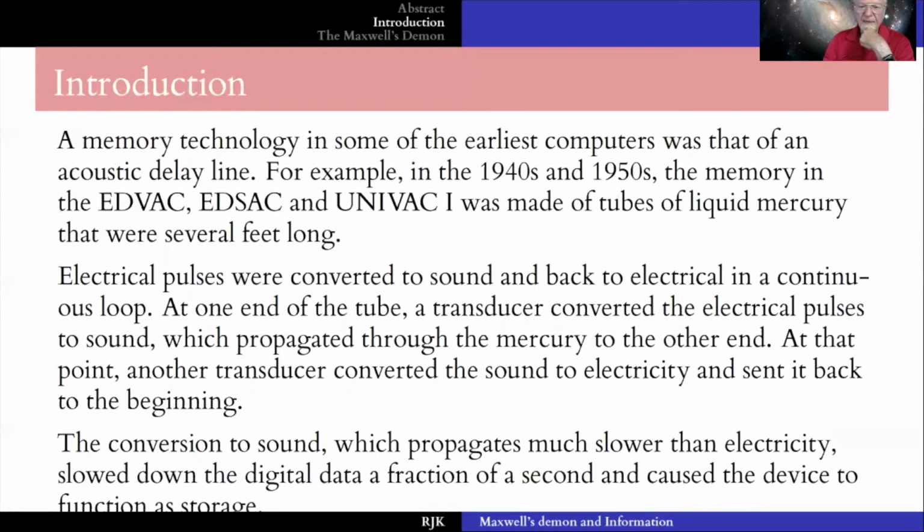In the 1940s and 50s, the memory in the EDVAC, EDSAC, and UNIVAC I were made of tubes of liquid mercury, usually several feet long. As I said, the electrical pulses were converted to sound, sent, and converted back to electrical in a continuous loop. At one end of the tube, there was a transducer to convert the electrical pulses to sound, which propagated through the mercury to the other end.